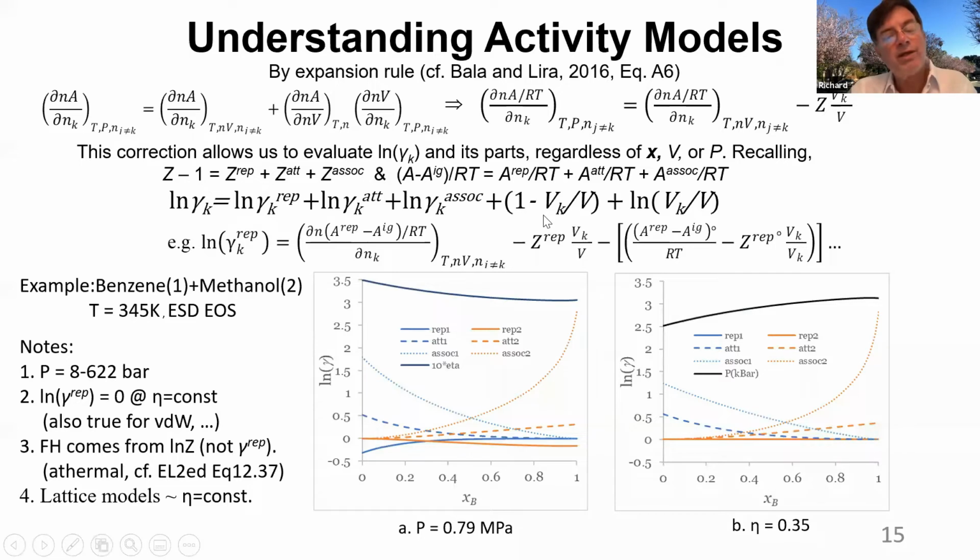Where it comes from is the log of z term in the fugacity coefficient, that is actually the correction to go from a constant volume equation of state to a constant pressure property of activity coefficient. So in short form, the Flory-Huggins athermal term actually comes from the ideal gas reference, not from the repulsive contribution. So that's the main point I wanted to make today.